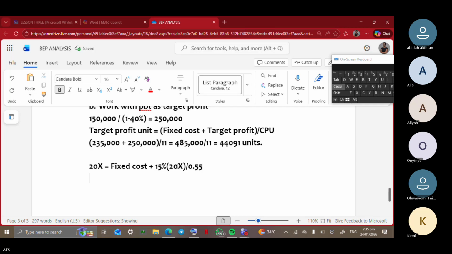So 20x is equal to what's our fixed cost? 235,000 plus 15% times 20, which is 3x, divided by 0.55.